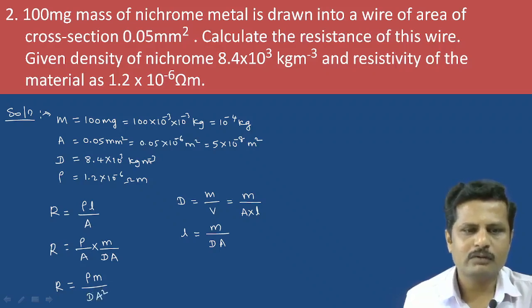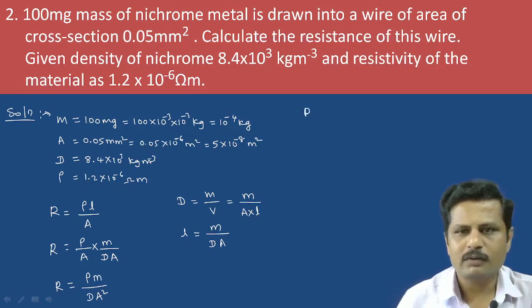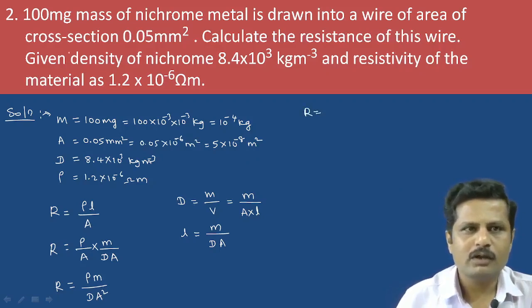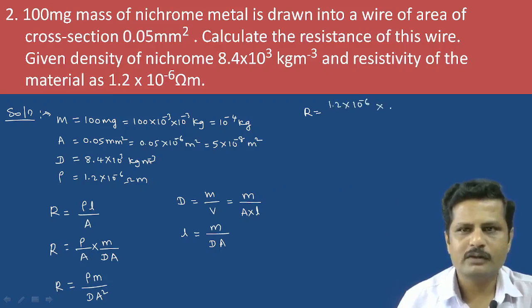We know the density of the nichrome, the resistivity, the mass, as well as the area of cross section. So after substituting, what will happen? Let us see. Here we have rho, that is 1.2 into 10 raised to minus 6, into mass, that is 10 to the power minus 4, divided by d, that is 8.4 into 10 raised to 3.